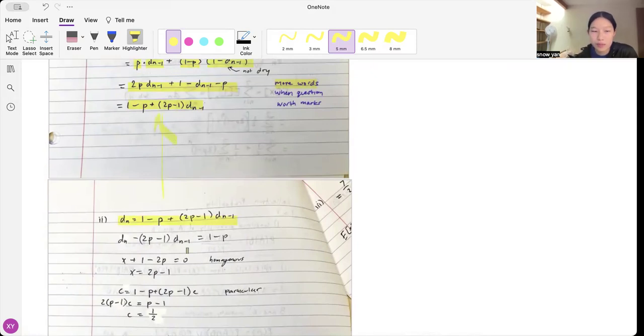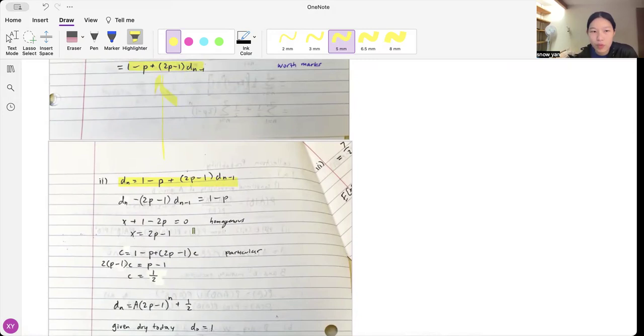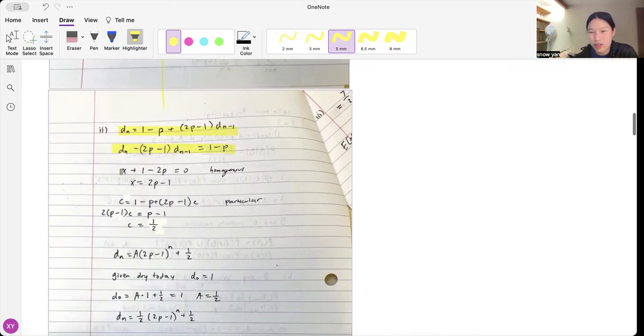What we do is move the D_{n-1} part and leave the constant on the other side, so we get to this form. Basically, we just rearrange this formula. Then we can write it in terms of x because it's simple, and we get our characteristic homogeneous equation: x plus 1 minus 2p is equal to 0.